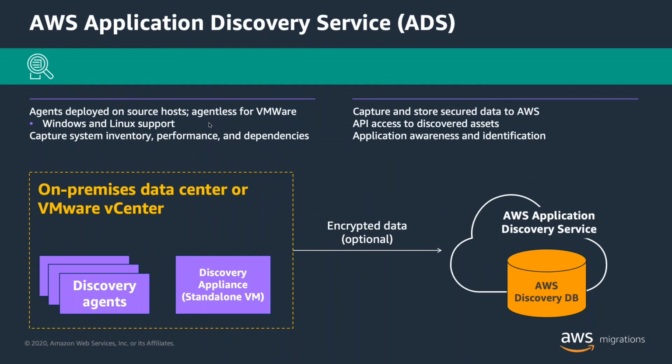Now, how does this work? We can deploy it as an agent-based system, or you can deploy an appliance in your VMware environment, which is an agentless system. With agent-based discovery, you install this ADS agent on the on-prem virtual machines, and the agent identifies the details of dependency mapping.